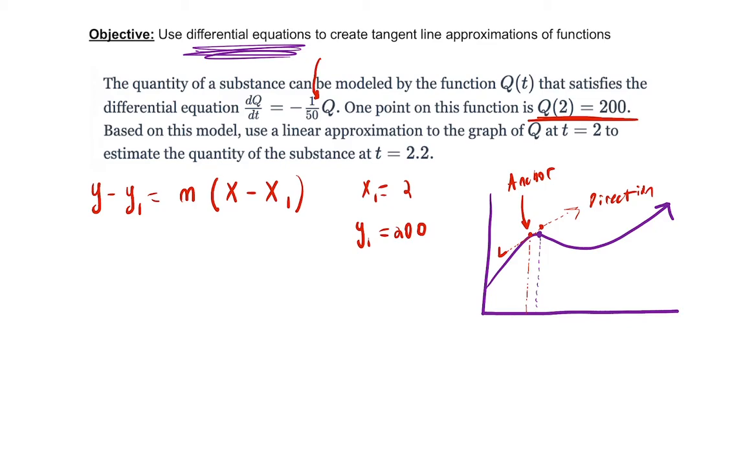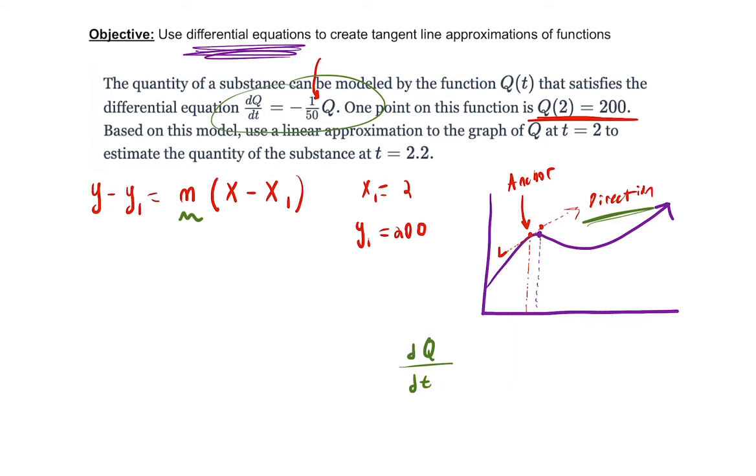Okay, great. And we can use the differential equation to find the direction, right? The instantaneous rate of change, the derivative, is the slope of the tangent line of this function. Well, super interesting, right? The derivative doesn't depend on x. That's what makes these weird, but it is the derivative nonetheless.